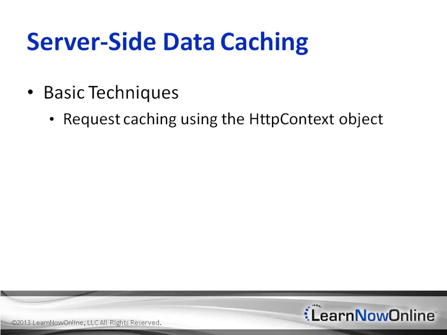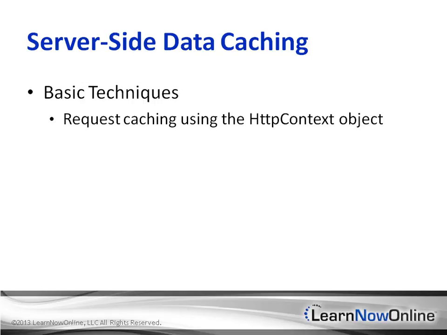So one of the features is request caching. In this case, every request from the browser causes .NET to create a new instance of System.Web.HttpContext as the central point of interaction between components involved in handling the request. This form of caching can use the Items property of that HttpContext object.